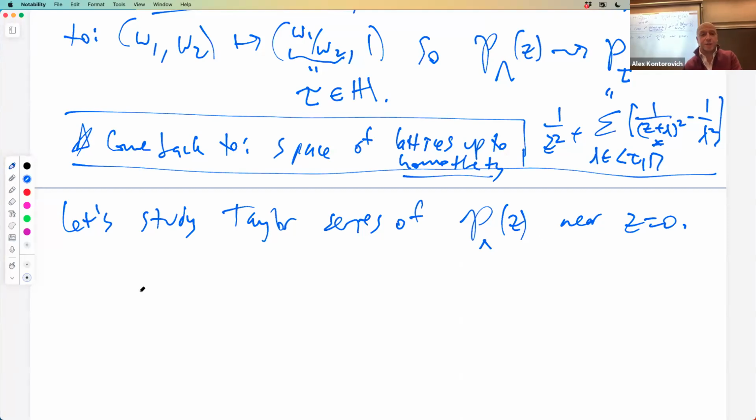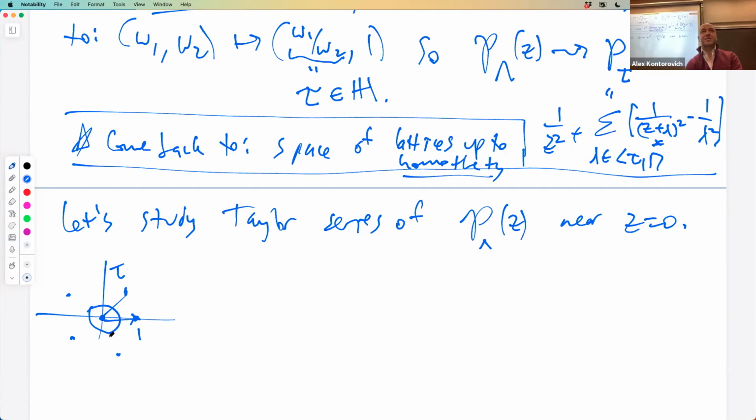So near Z equals 0. So what do I mean by near Z equals 0? Well, for example, I'm putting already one of the basis vectors at 1 and the other one is tau, but the lattice is everywhere. The lattice is all around, but there's some shortest distance to the lattice point.